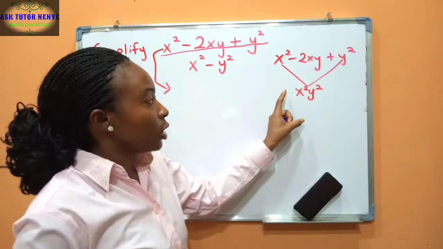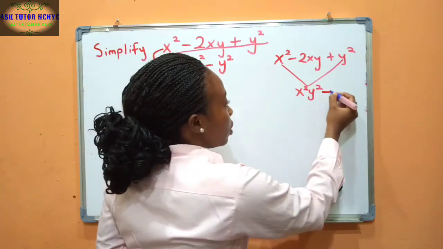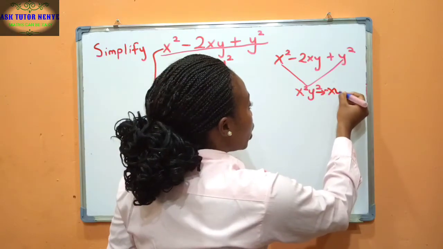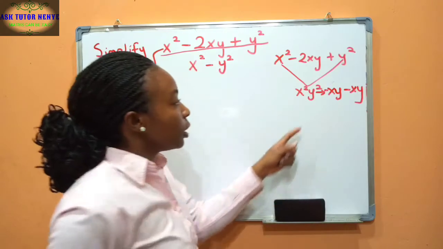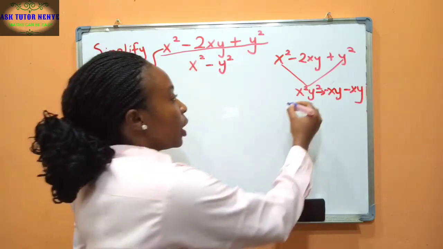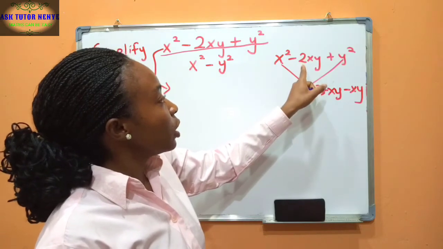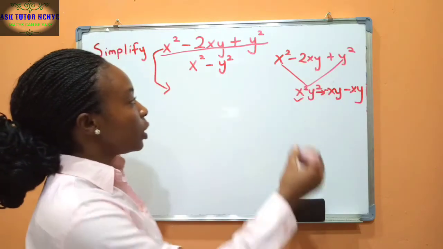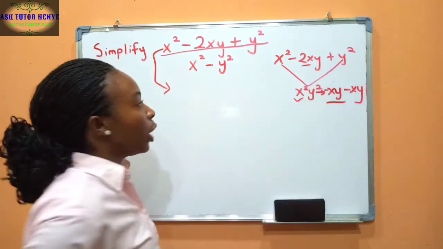Now we're going to ask ourselves, what are the common factors here? Then we are going to use this minus xy and minus xy. If you take a look at this, by the time you multiply it, you get this. And if you sum it up, you're going to have minus 2xy. So we simply use this one to replace minus 2xy.